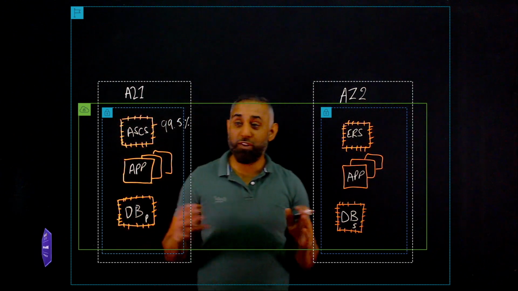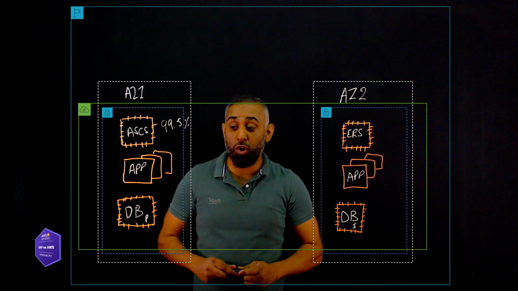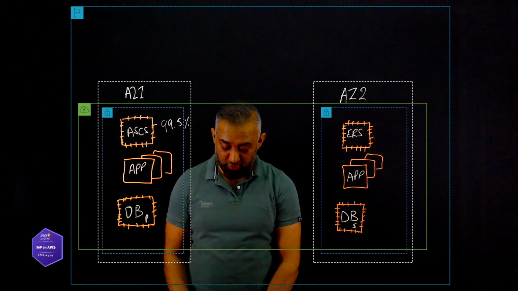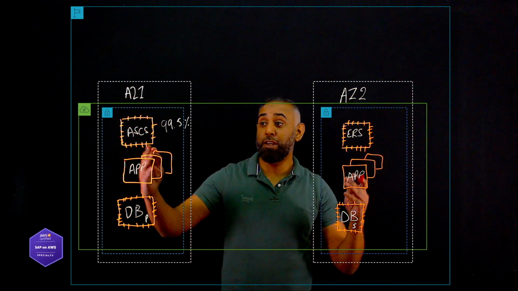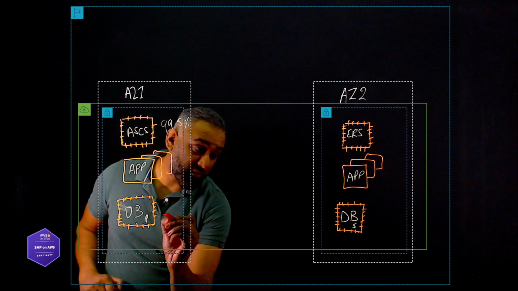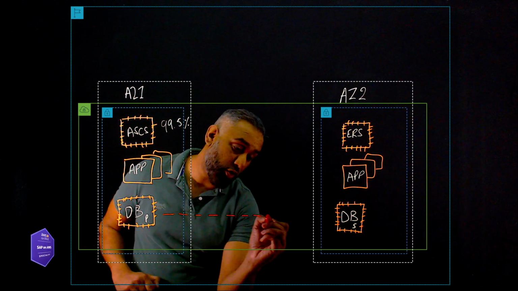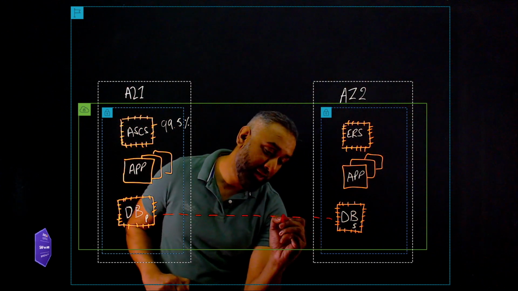Now, for this all to work across availability zones, there needs to be a level of replication ongoing between the database, for example, and the app tier as well. So let's add in HANA system replication, which means there's synchronization ongoing between the two databases like this.